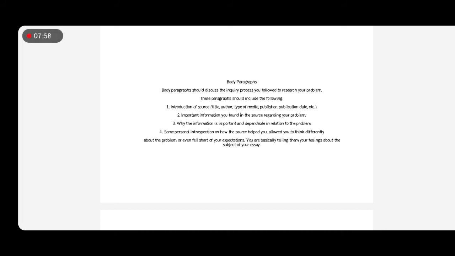And then in your paragraph 4, you can talk about how the problem affects you personally. And like the slide says, you're basically telling them your feelings about the subject of your essay.